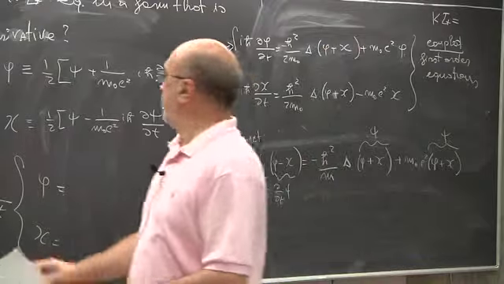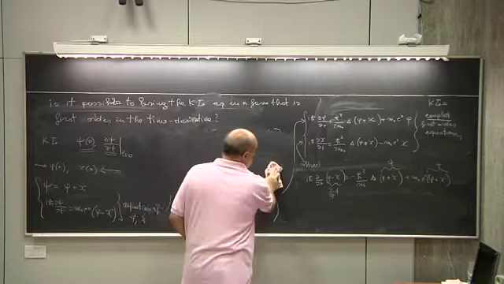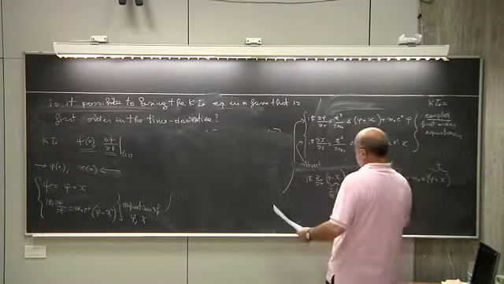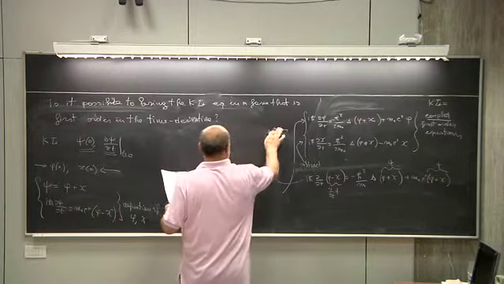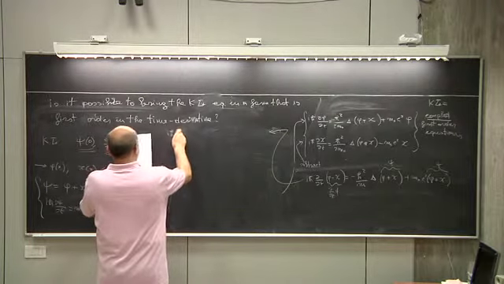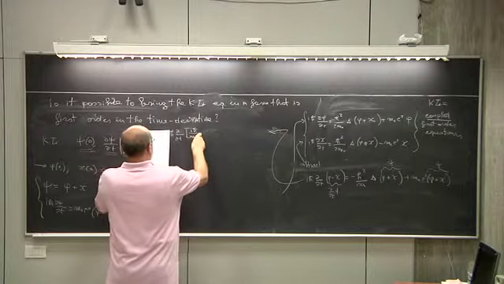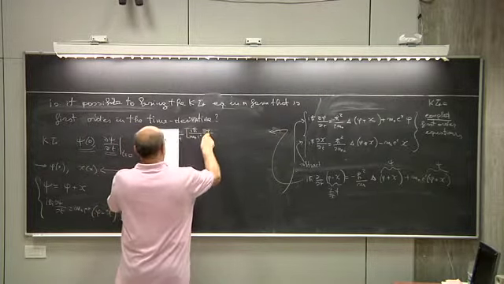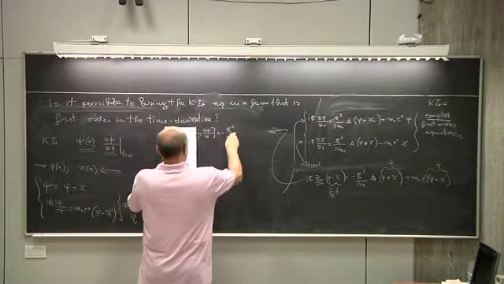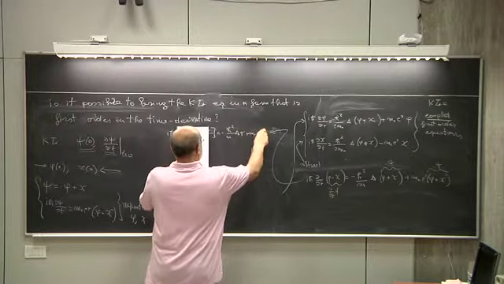First you get, let me go here. So I am subtracting. Now I am replacing this with this and this object with that. Then from here, you get the following expression. You get I h bar d/dt of I h bar m0 c square d psi/dt equals minus h bar square over 2m Laplacian of psi plus m0 c square psi.